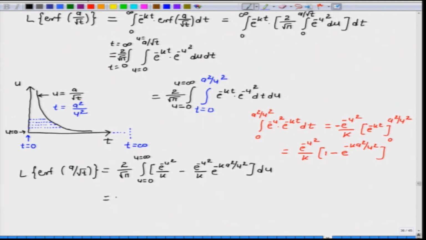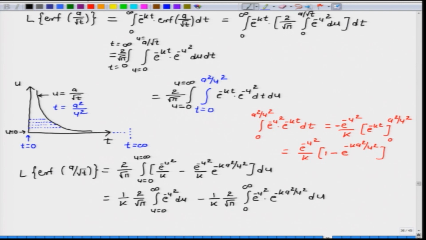So, if we evaluate this separately, this will be 1 over k times 2 over root pi integral 0 to infinity e to power minus u square du, minus 1 over k times 2 over root pi integral 0 to infinity e to power minus u square times e to power minus k a square over u square du.